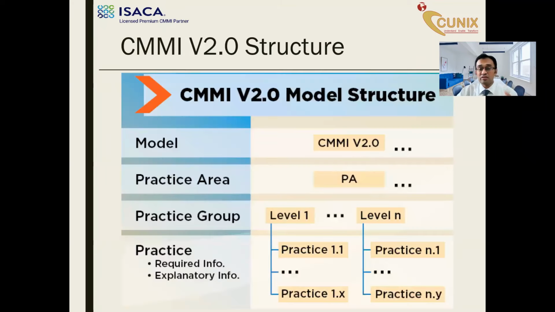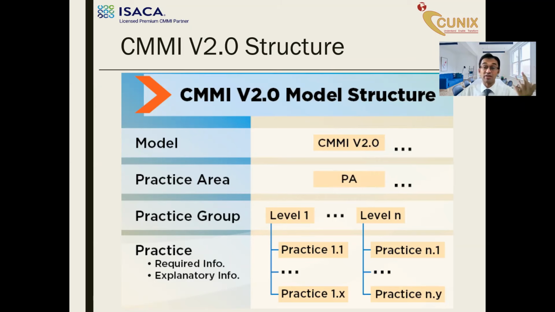So as you can see, this is the structure. This is your view that you want to select, and then you get the required number of practice areas. And under each practice area, you have one or more practices under each level. So you have level 1 group, you have level 2 group, you have level 3 group. So you have this group of practices.